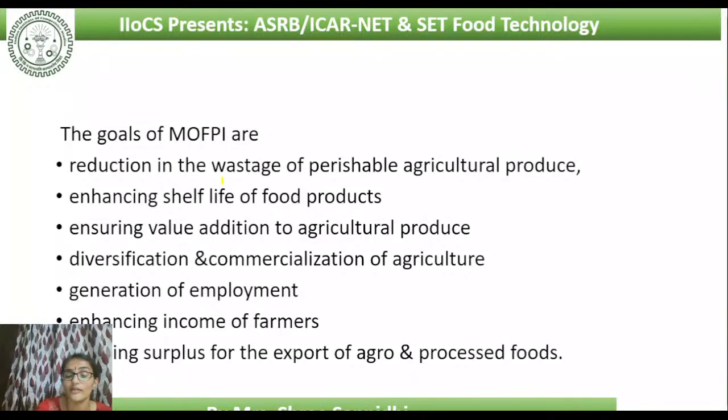This is what I told you about in functional foods; value addition gives you a functional food. Then diversification and commercialization of agriculture, generation of employment, enhancing income of farmers, and creating surplus for the export of agro and processed foods. These are the goals of MOFPI.